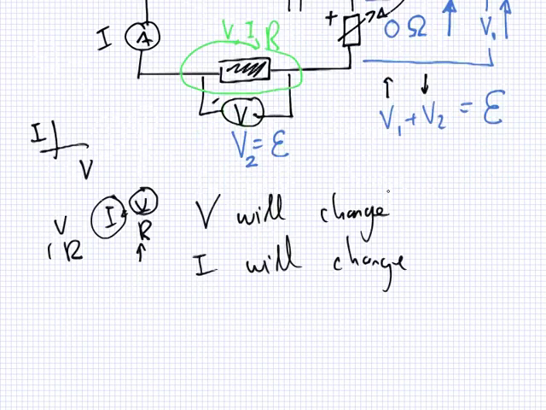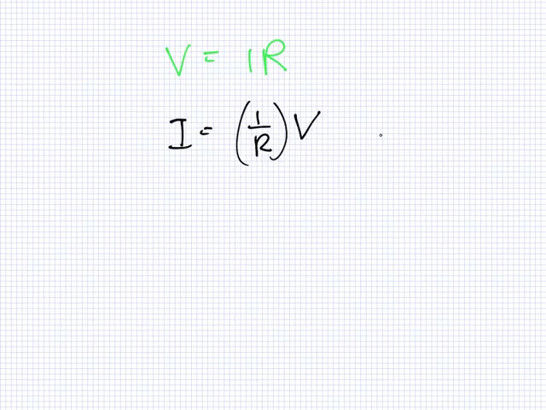If we think about this, we know that V equals IR, or rather we should say I equals 1 over R times V. On this axis we put V, that's like the X, and on this axis we put I, that's like the Y. So what would be the slope?